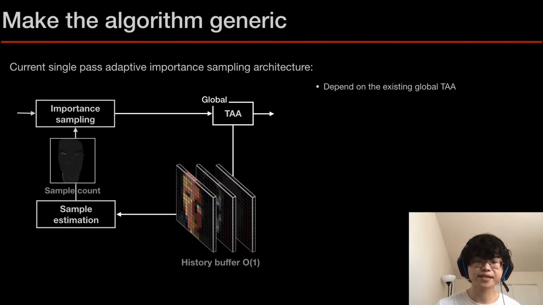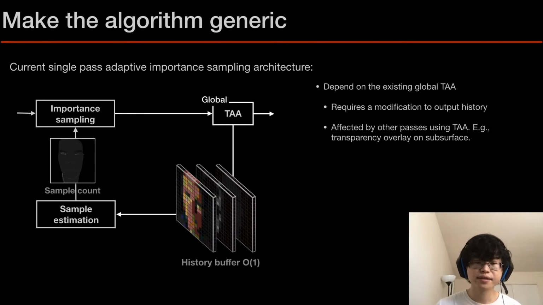This design makes it dependent on the existing global TAA, which has three drawbacks. First, it requires a modification of global TAA to output history. Second, the subsurface pass may be affected by other passes like the overlay transparency. Third, at last, the global TAA parameter sets may improve the overall quality instead of that of the single pass.